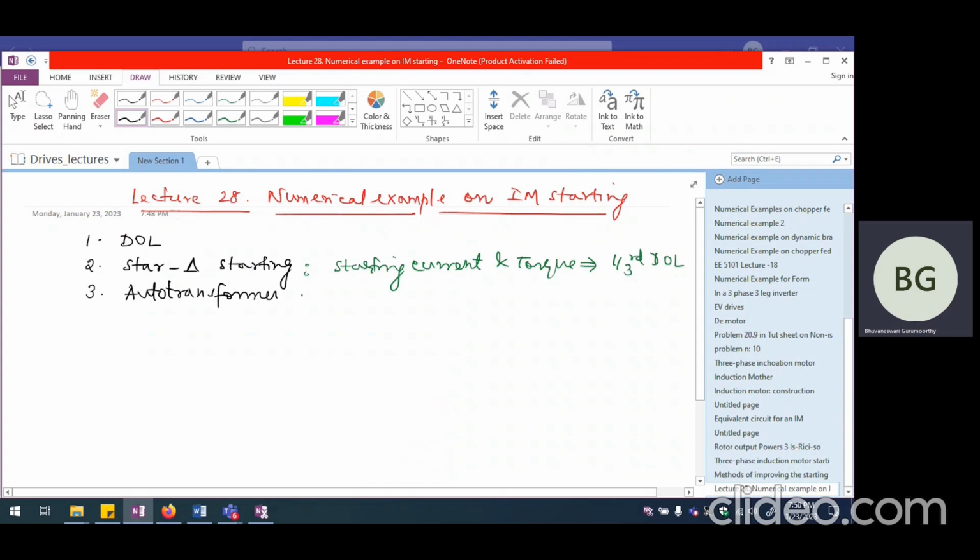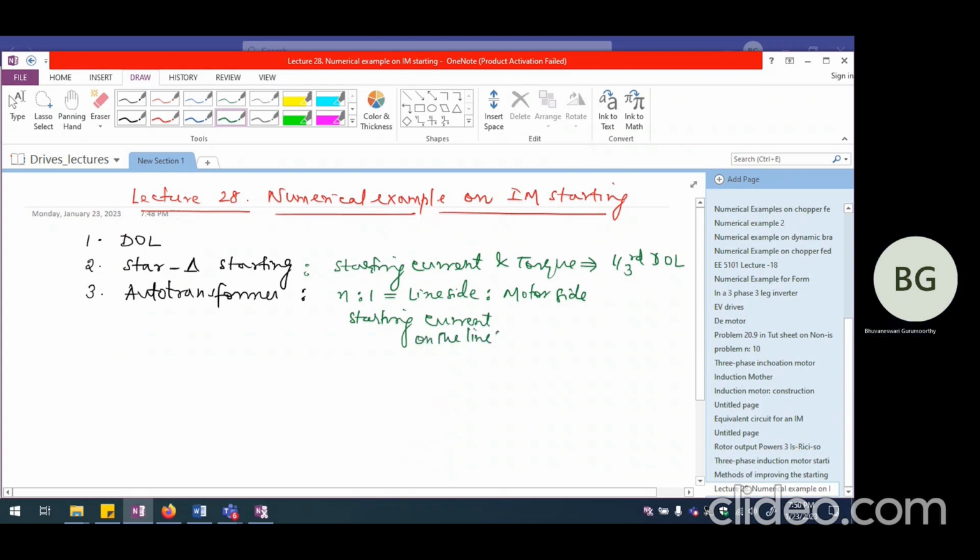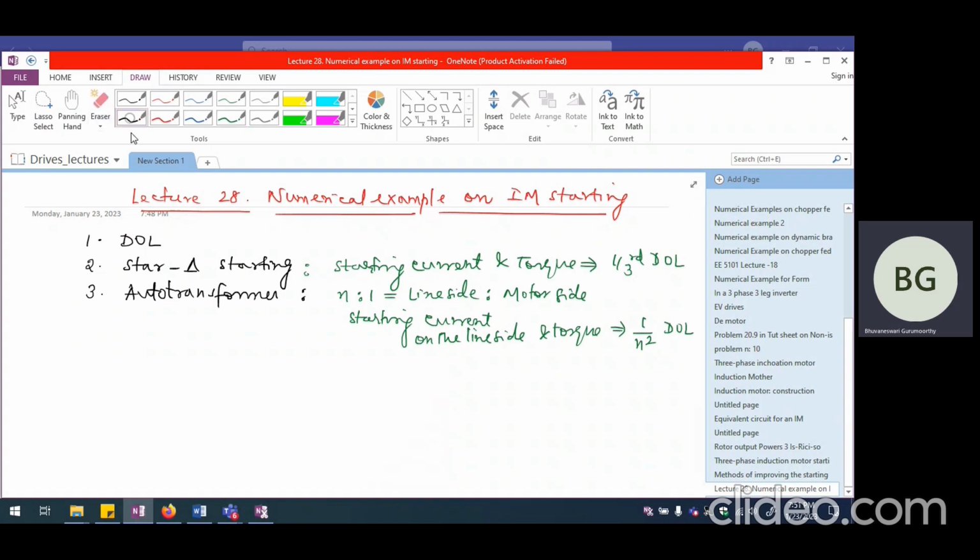If we have a turns ratio for the auto transformer of n:1, which is line side to motor side, then both the starting current on the line side as well as the torque are going to be reduced to 1 divided by n square as compared to DOL values. That's what we said in the third method.